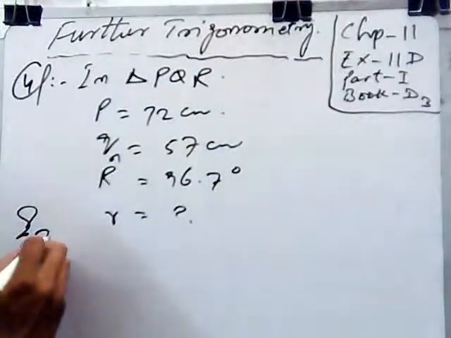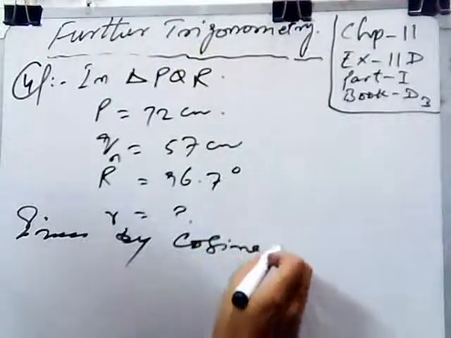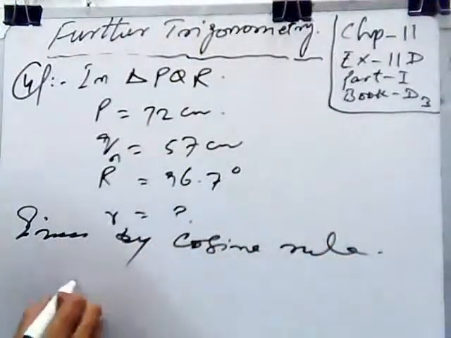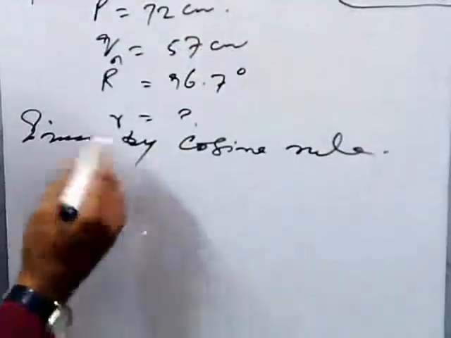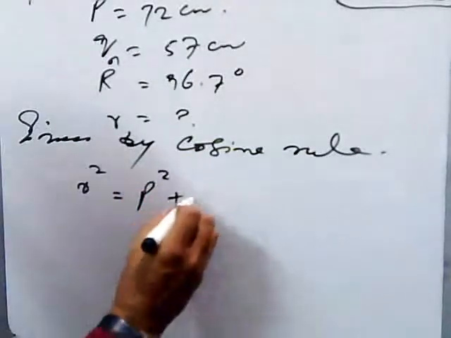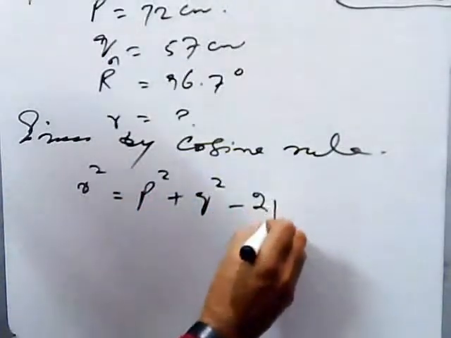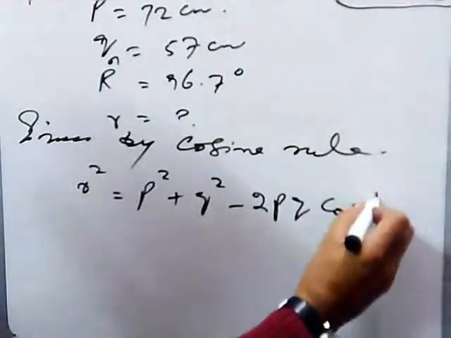By the cosine rule we have to use the first formula that we used in question number 1, that is r square is equal to p square plus q square minus 2pq cos R.